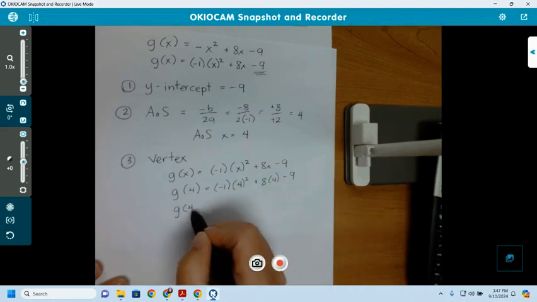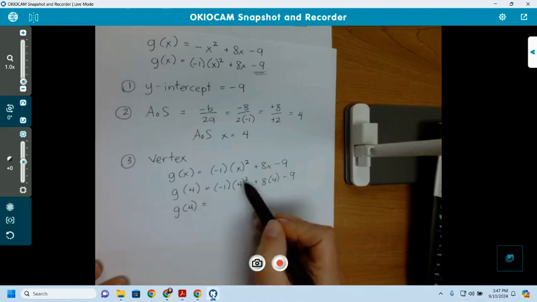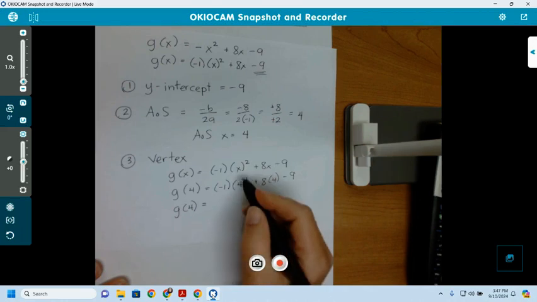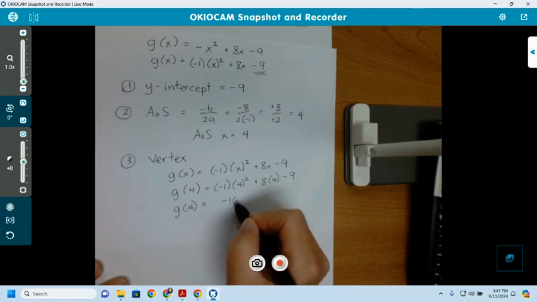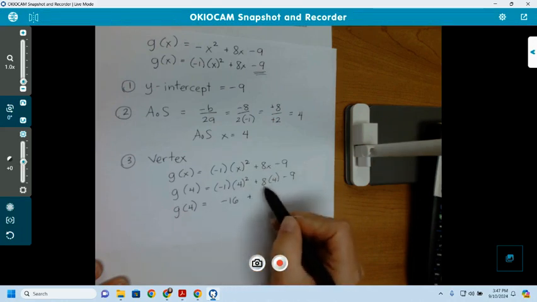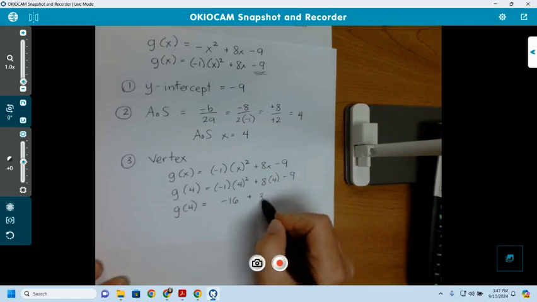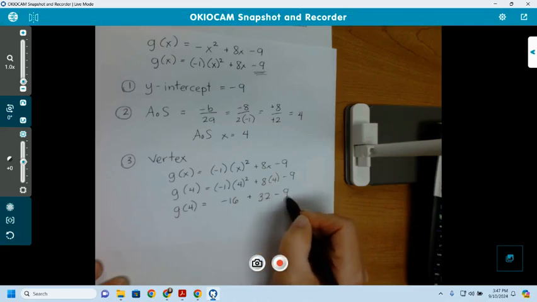So g of 4 equals, we first have to do the square. 4 squared is 4 times 4, which is 16, times -1 is -16, plus 8 times 4 is 32, minus 9.